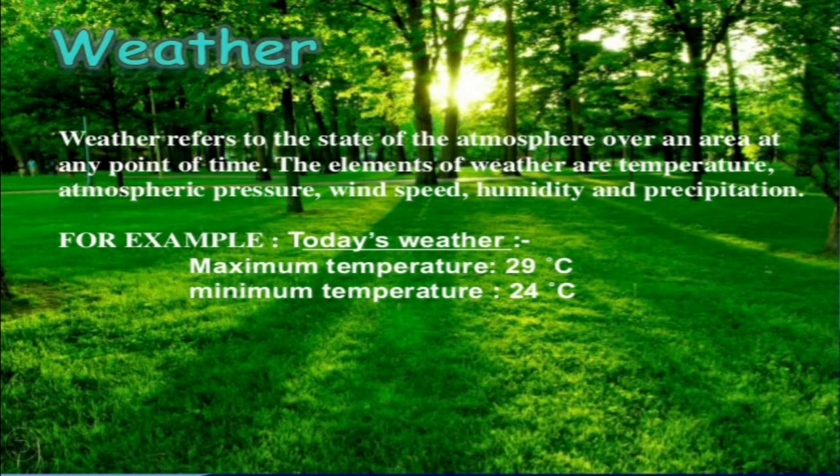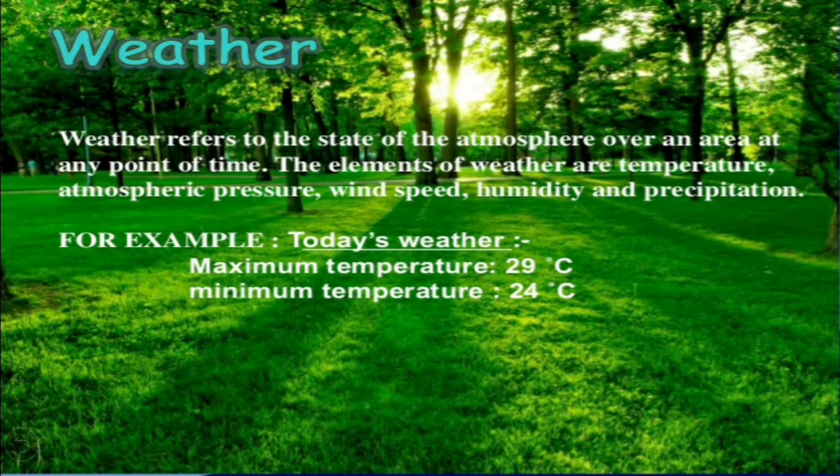Again children, I want to repeat the definition of weather. Weather refers to the state of the atmosphere over an area at any point of time. Children, it is very clear here: any point of time means any particular time period.